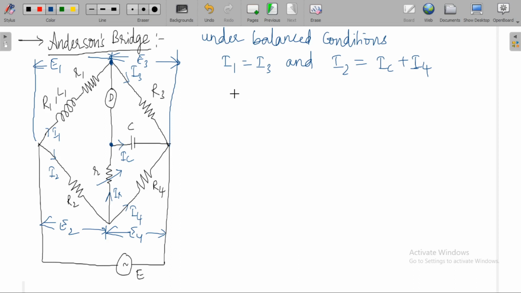Then I1 R3, anyhow I1 is equal to I3, right? So I1 R3 is the voltage across R3.